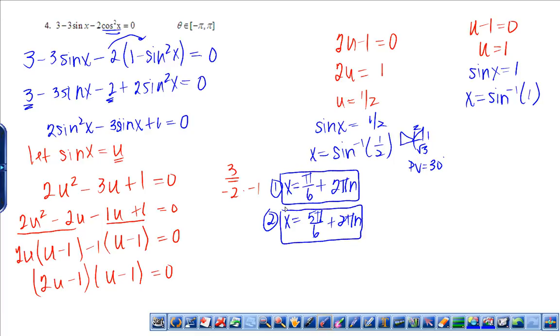Okay, let's go ahead and find the general solutions for this side. In order to be 1, it looks like I'm going to have to refer to my unit circle chart. In order to have an angle whose sine is 1, it looks like it's 90 degrees. So let's see, x is equal to pi over 2 plus 2 pi n.